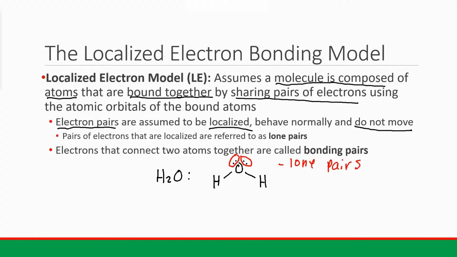Now, there's another set of electrons that are at play in this diagram or structure, and those are these lines that are connecting the hydrogens and the oxygens, because remember, these atoms are bonded together by sharing pairs of electrons. So this line right here and this line right here are referred to as bonding pairs.